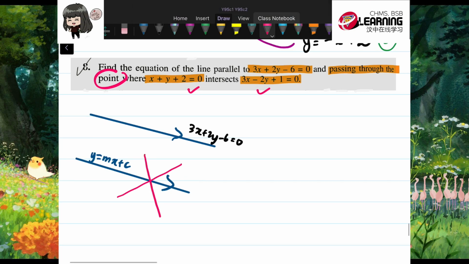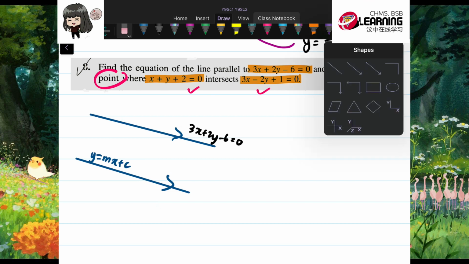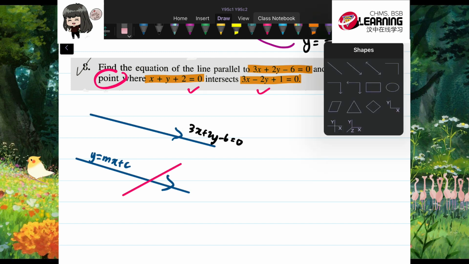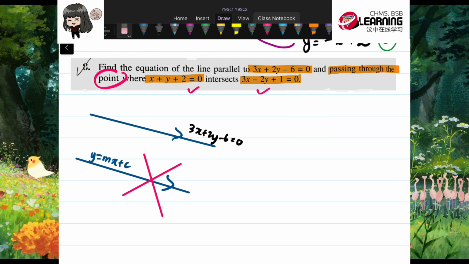Just for example, this line here is x plus y plus 2 equals to 0, because it's a negative gradient. The other one is 3x minus 2y plus 1 equals 0.